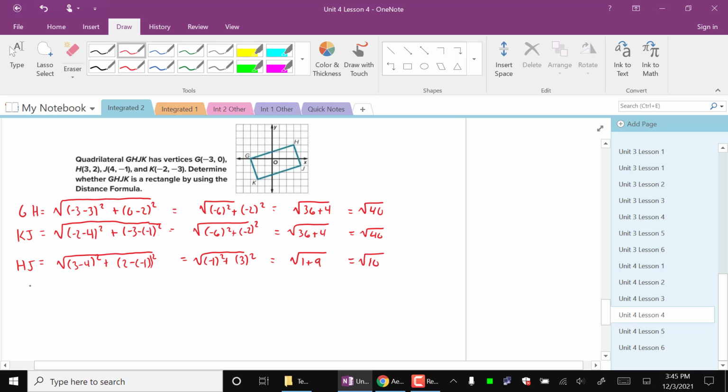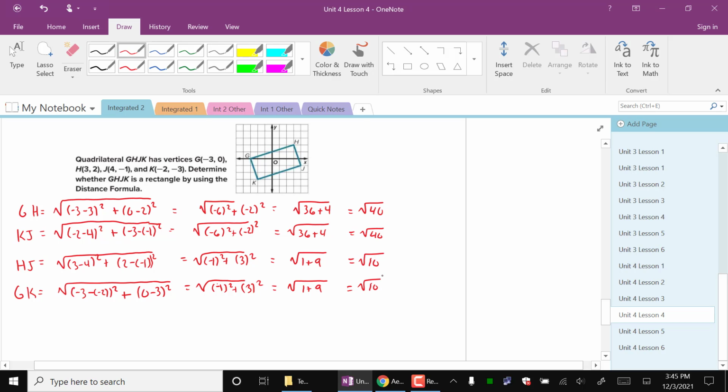Let's figure out GK. That's going to give me -3 minus -2 squared plus 0 minus 3 squared, which equals -1 squared plus 3 squared, which is 1 plus 9, which is the square root of 10.